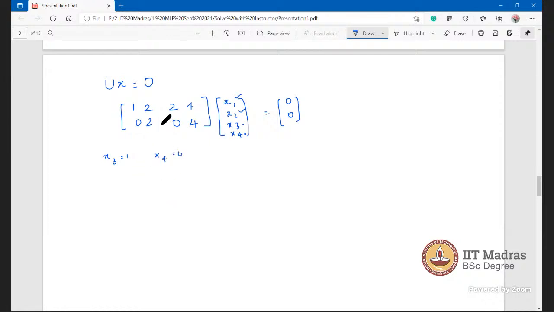So at that time your equations are x1 plus 2x2 plus 2x3 plus 4x4, this is your first equation, equal to 0. And 2x2 plus 4x4 equal to 0 here.